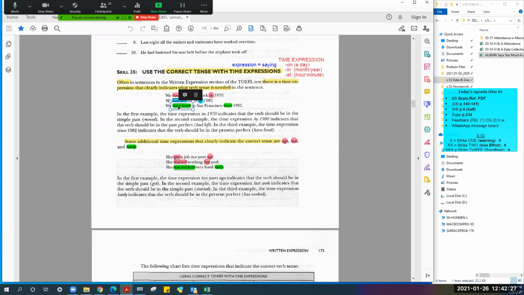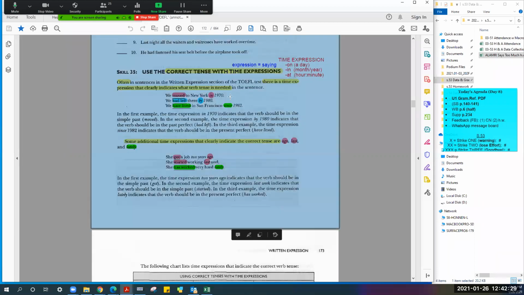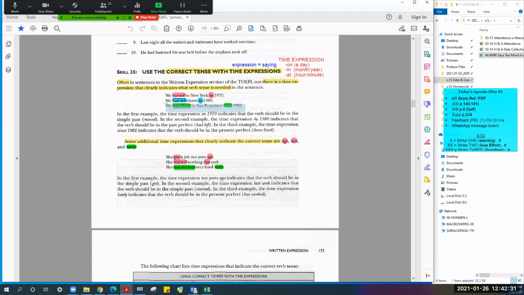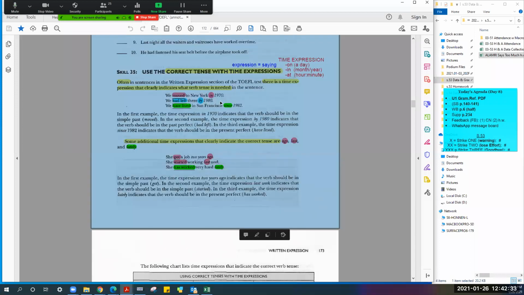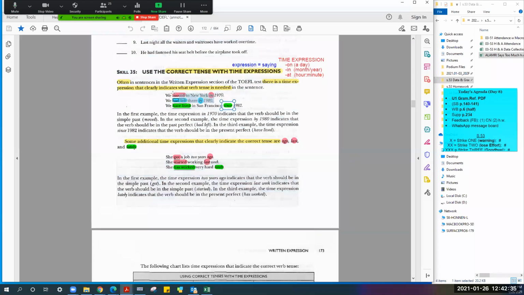In this case, almost always present perfect. In this case, maybe 80% past perfect. And here, I would say also 80% past simple.